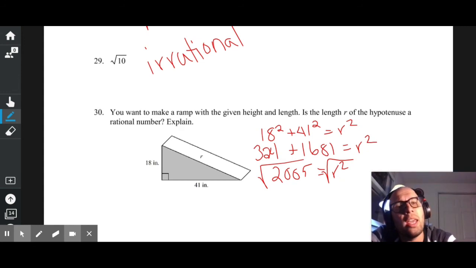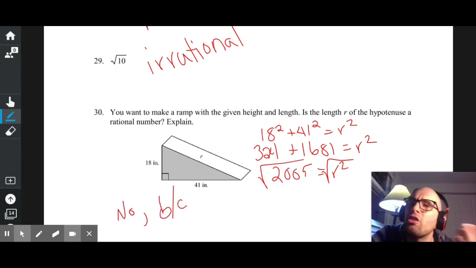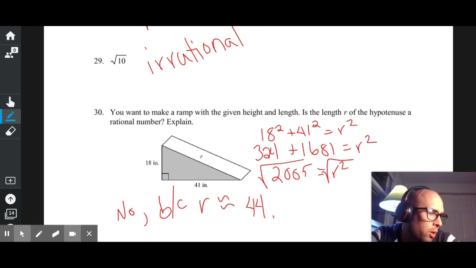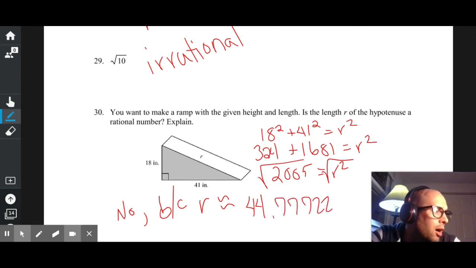So is the length of the hypotenuse a rational number? No, because r is about 44.7772263, and I don't want to run into my face, so I'm going to stop right there.